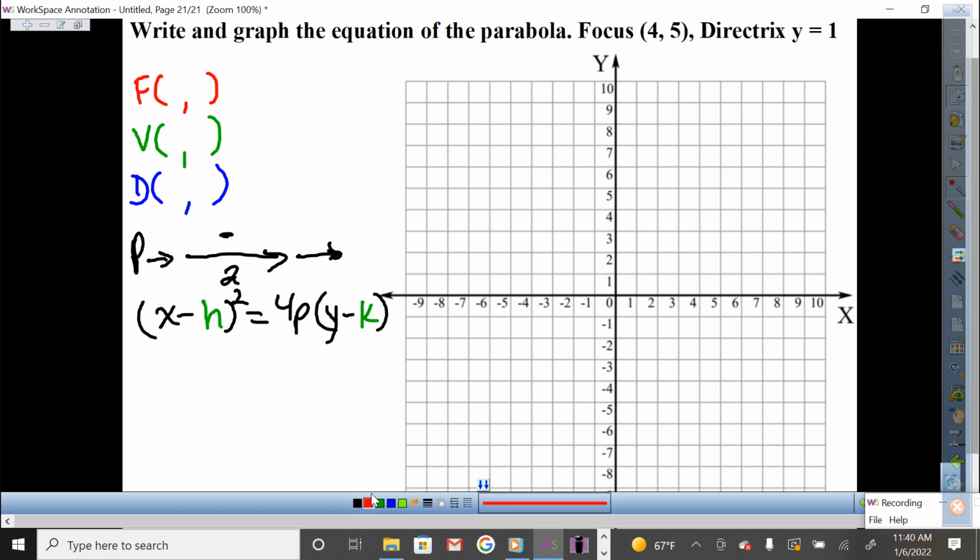All right? From there, what's the first thing we're going to do, Noor? Yeah, plot the focus. So our focus is 4, 5. And then we write our coordinates, 4, 5.